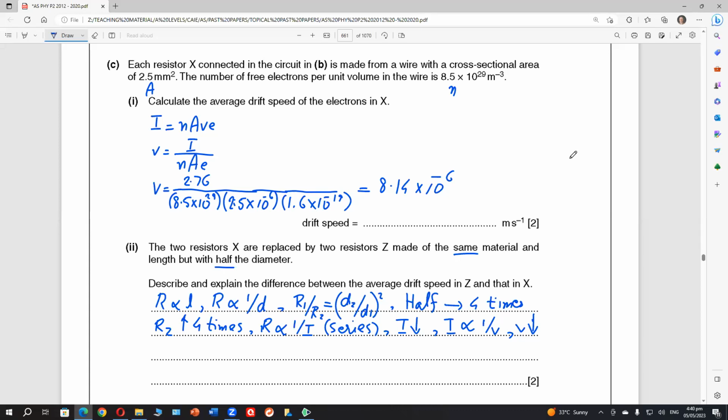The point is that this is right, the current will be decreased, because R is equal to V over I. Resistance and current are inversely proportional. That's right, current goes down.